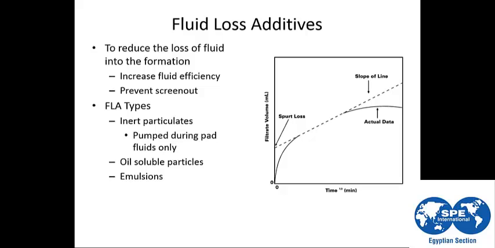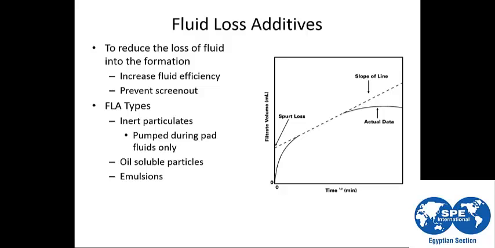Fluid efficiency means that you are creating a frac. This frac has a certain volume, correct? So when it has a certain volume, and you are pumping a volume of the fracturing fluid, if you calculate the fracture volume and divide it by the total fluid volume that you pumped, you will get the fluid efficiency.